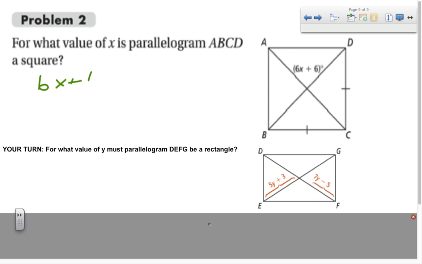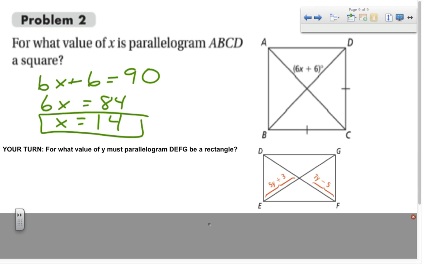Absolutely. Because remember that a square is in fact a rhombus. And in a rhombus, those diagonals need to be perpendicular. So 6x is 84 and x is 14.